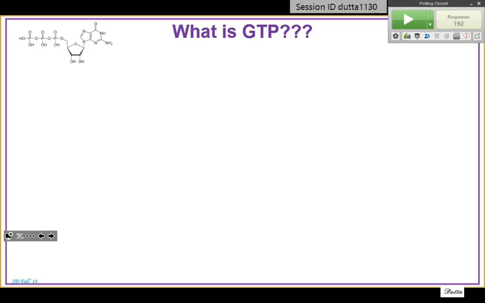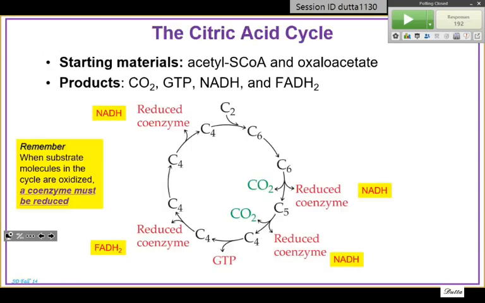So what is GTP? Now you notice there is one GTP here. One GTP. GTP is equivalent to ATP. But for some reason, cells prefer the energy from the ATP. So no one knows why the cell's currency for energy is ATP.